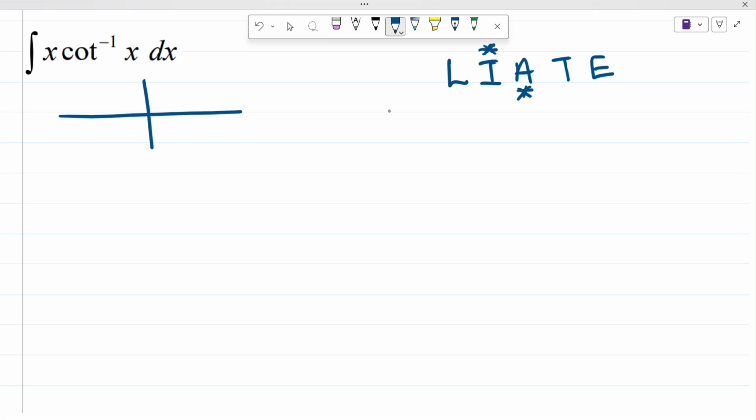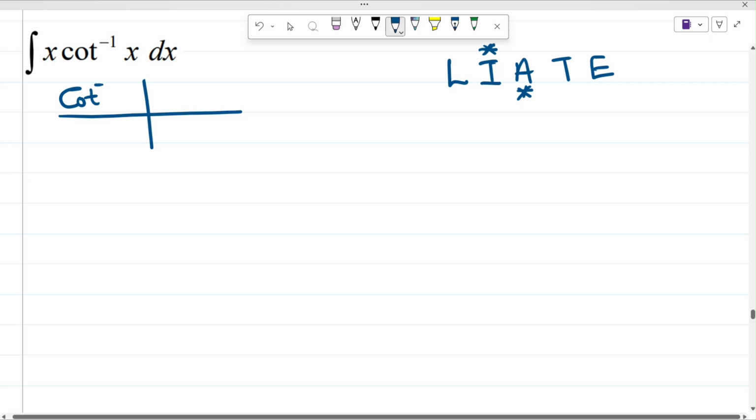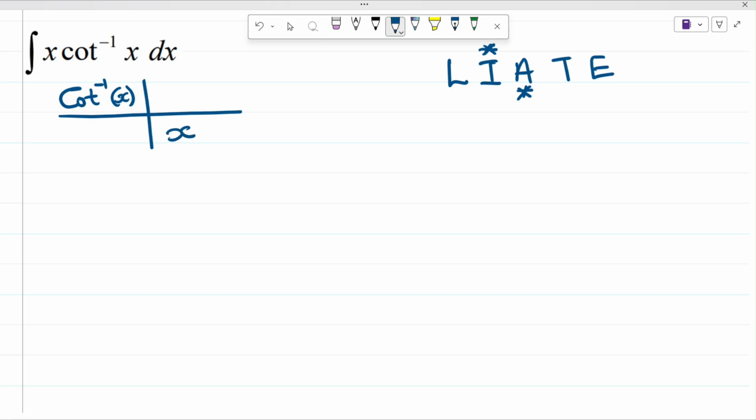So what am I going to do? I'm going to differentiate the inverse. So the inverse, I'm going to write it here. Cot inverse of what? Cot inverse of x. And then the x, I write it here. So when I differentiate my cot inverse of x, I need to just remember the differentiation formulas.